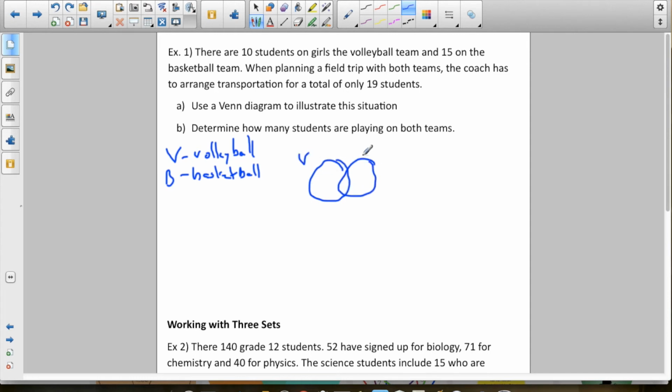So we've got V and B. So the easiest way to do this is, if we want, we can set up an equation. So if we have the number of volleyball union basketball, and we know the equation is number of V plus number of B minus the intersection.